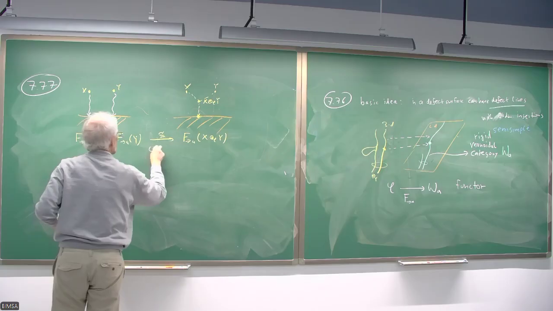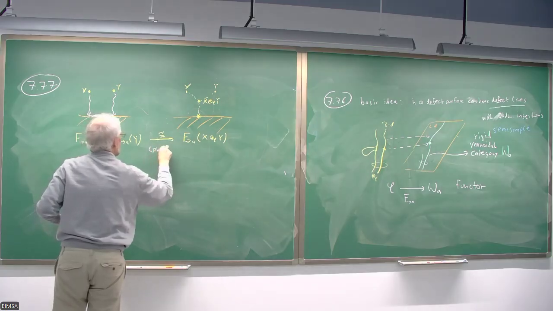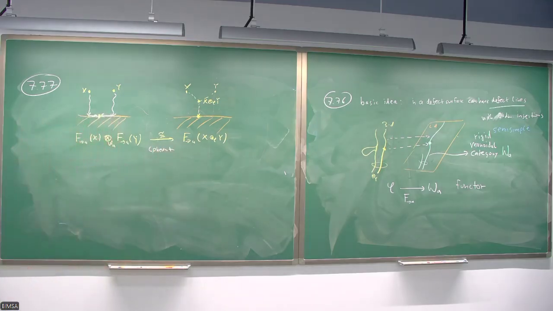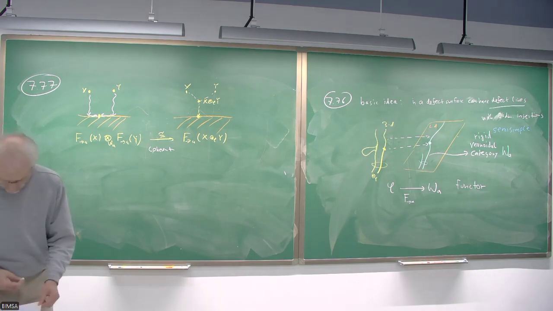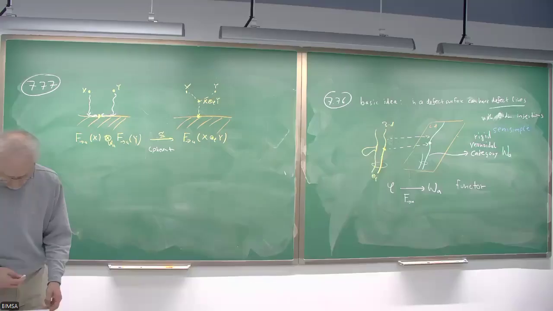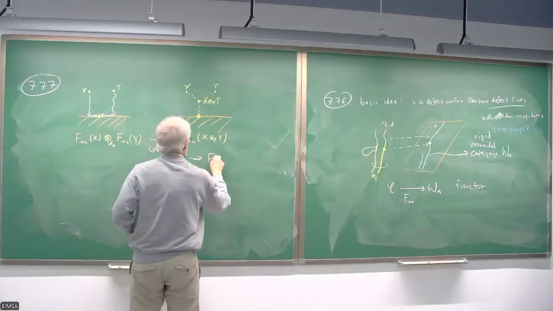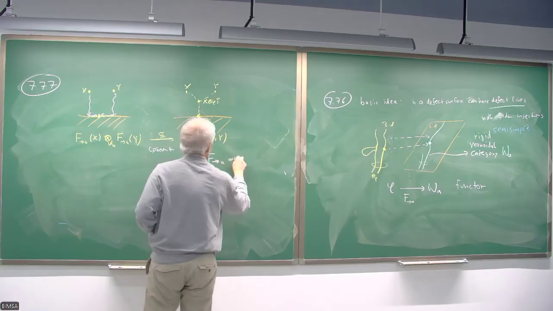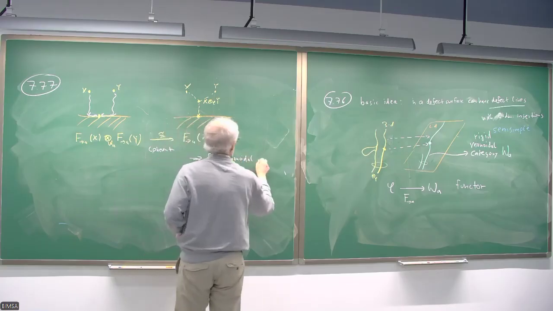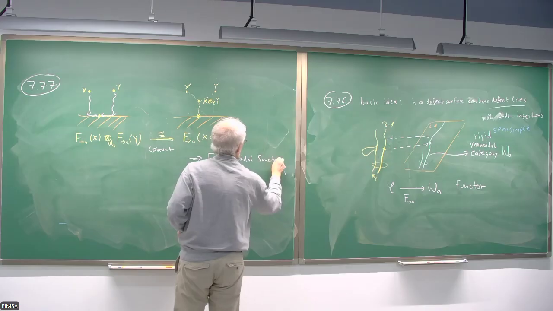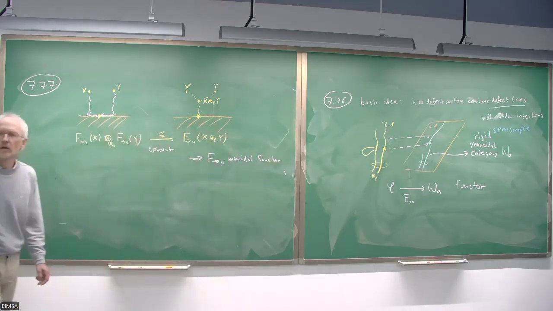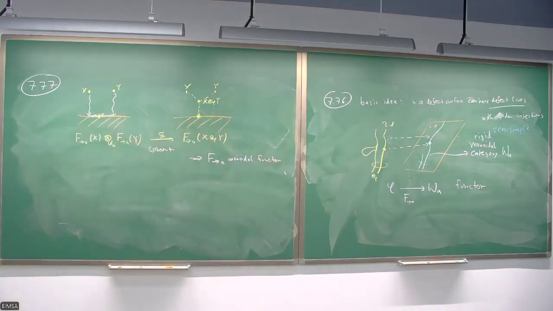So this is coherent, or actually forms a natural isomorphism. And that gives the structure of a monoidal functor on my functor F.